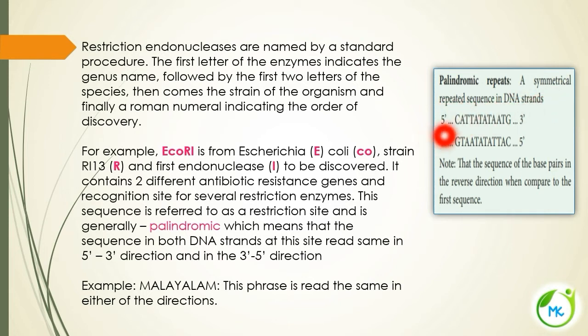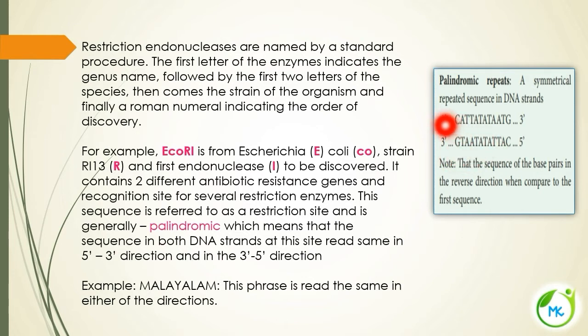Similarly, the palindromic repeat is nothing but a symmetrical repeated sequence in DNA strands. For example, if the strand reads CATTATG from 5' to 3', and again if you read from the other side 5' to 3', there will be the same sequence. So you can verify here.